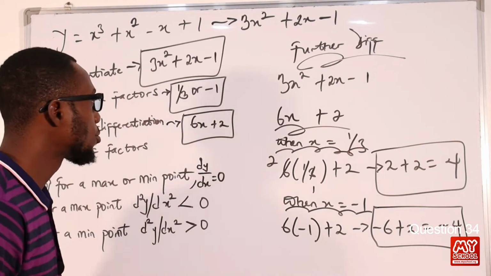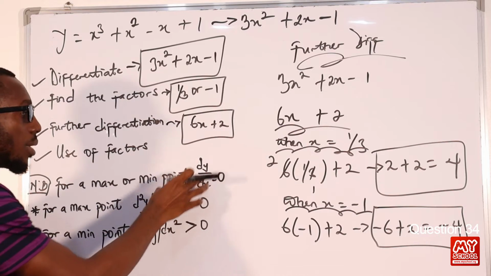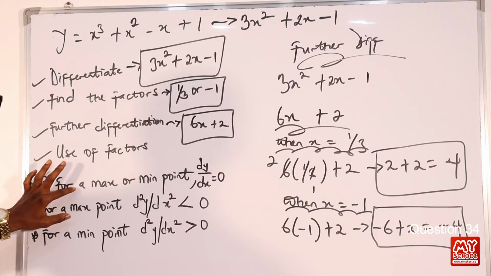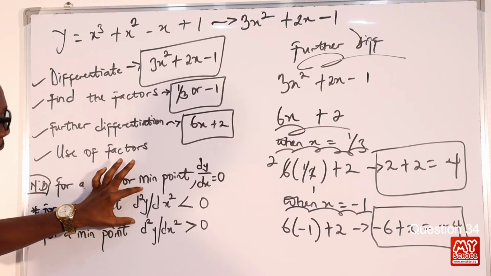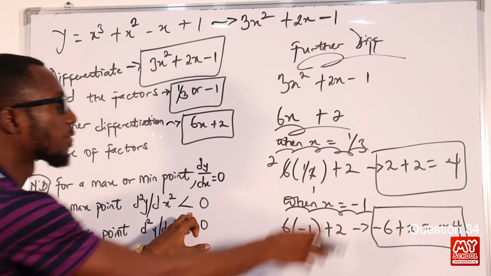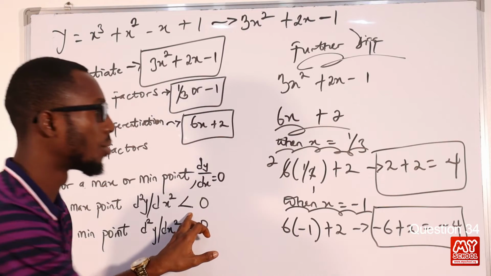So let's now use what we have here. We said that for a maximum or minimum point, your dy dx must be equal to 0, which we have done. So for a maximum point, d squared y over dx squared must be less than 0. So which of these values is less than 0? We have it here.